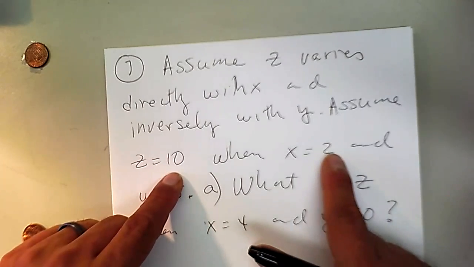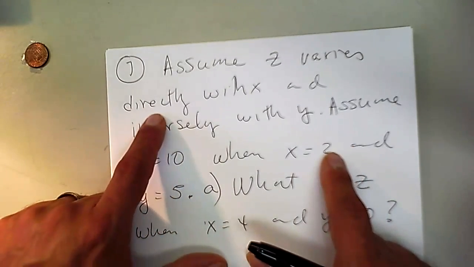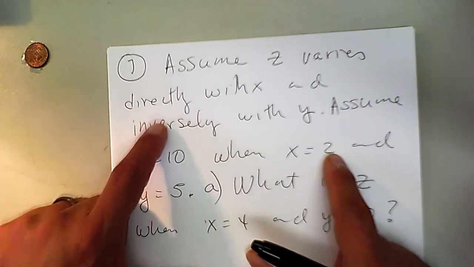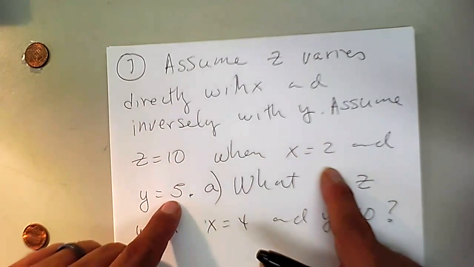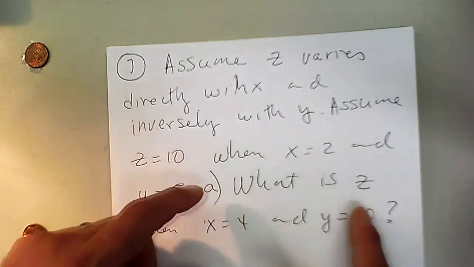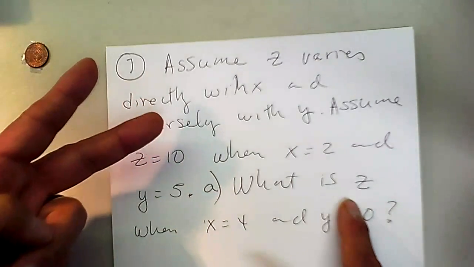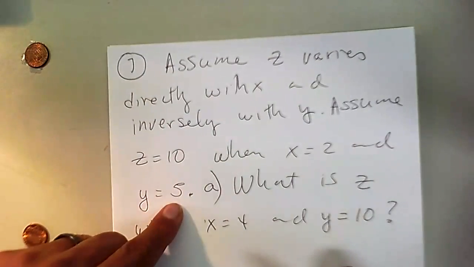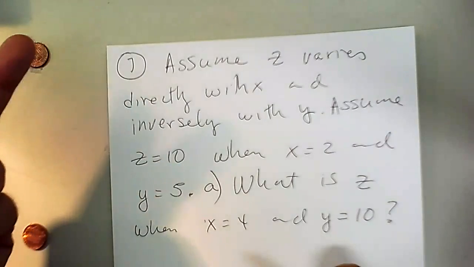So if we double the variable corresponding to direct variation, the output doubles from 10 to 20. If we double the variable that corresponds to inverse variation, the 20 that we got gets divided by 2, because doubling this means dividing by 2 on the output.